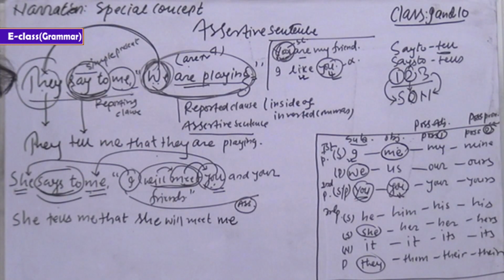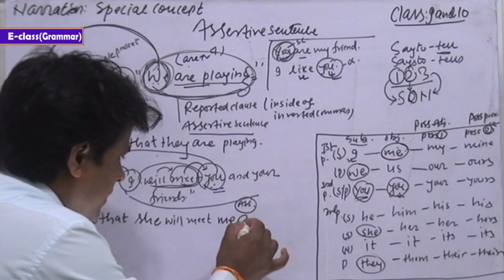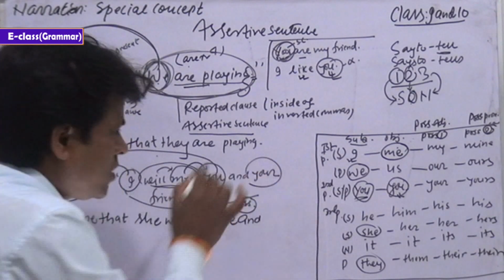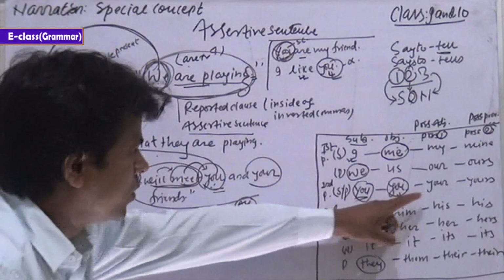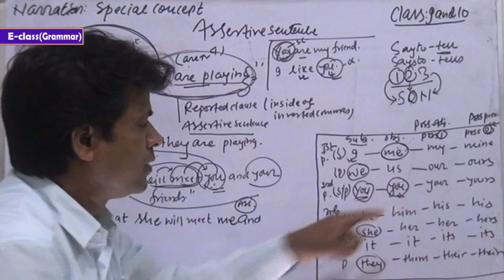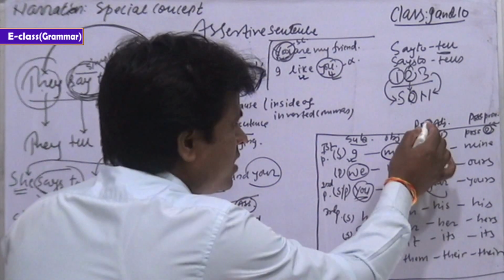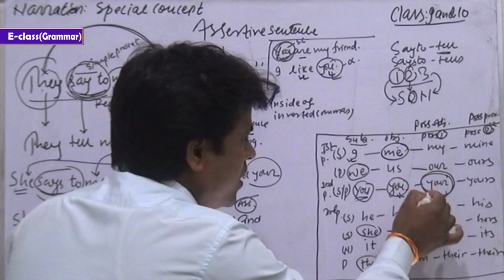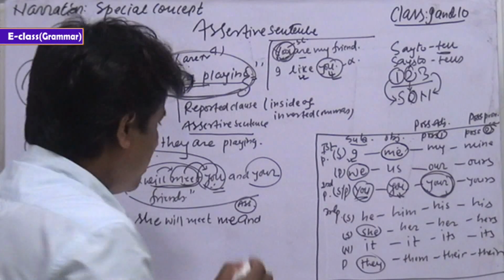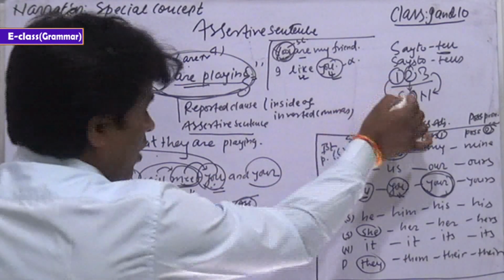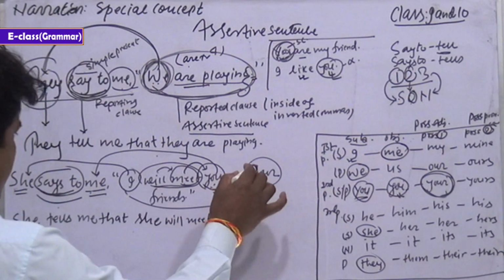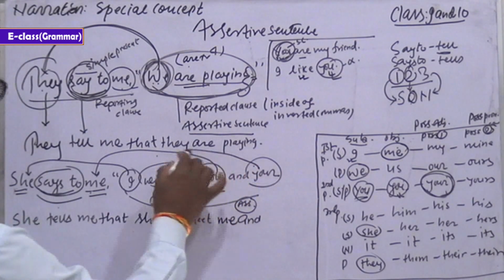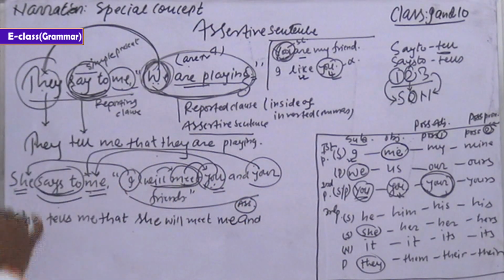I hope. Now and see your second person. Your. Which person? Second person. And which case? Possessive one. Possessive adjective, and this is a possessive adjective. Now, how is the second person according to object? Let's see again here. Yes. What is the object here? Me. Yes.